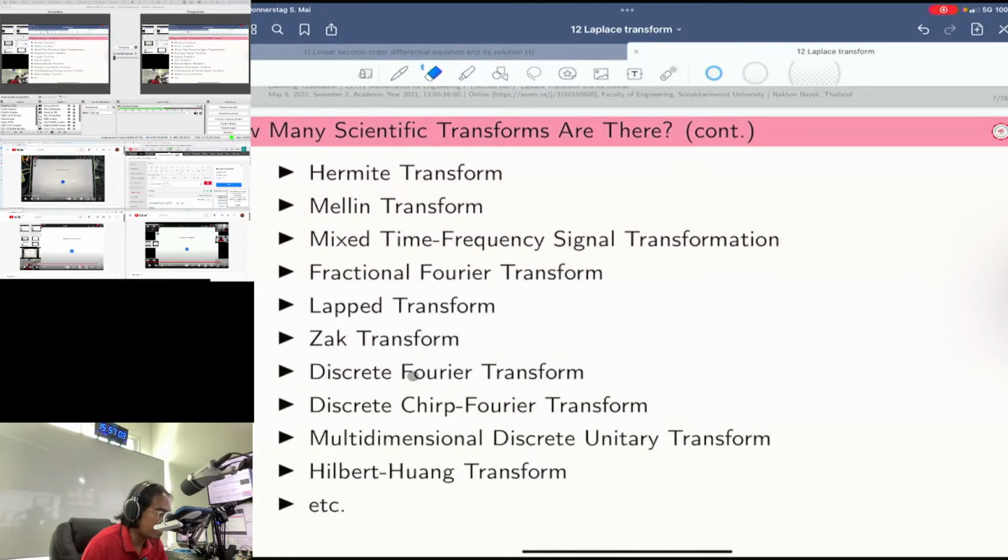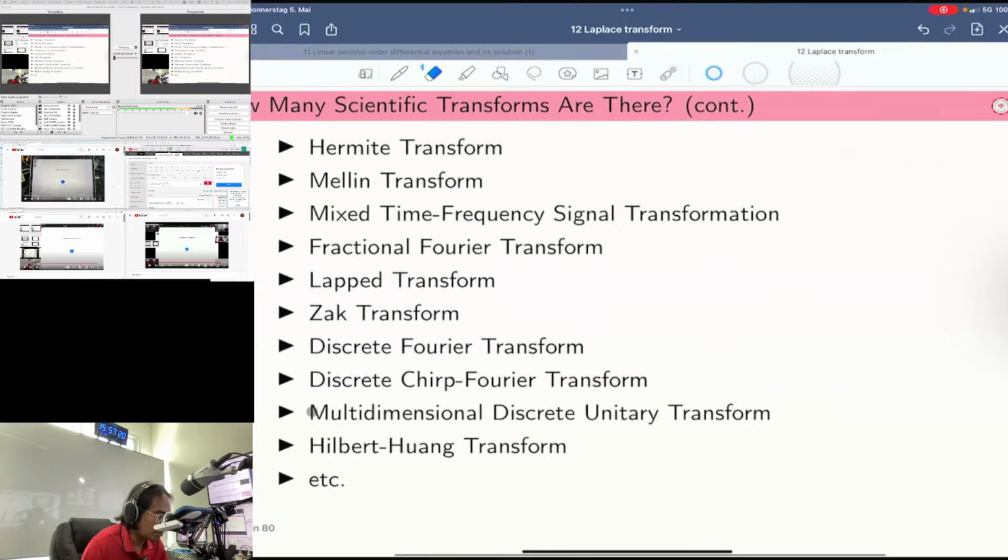There is a discrete version of the Fourier transform; the Fourier transform is the continuous version, right? There is the discrete Fourier transform, the multidimensional discrete unitary transform, the Hilbert-Huang transform, and many more transforms in the world.